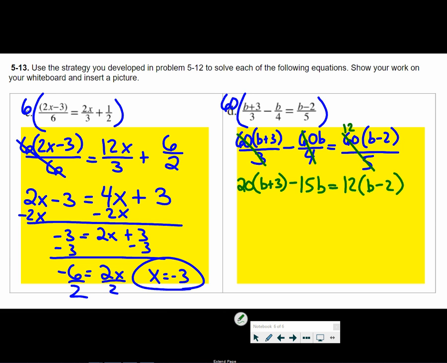All right. Distribute, I get 20b plus 60 minus 15b equals 12b minus 24. Combine and get 5b plus 60 equals 12b minus 24.